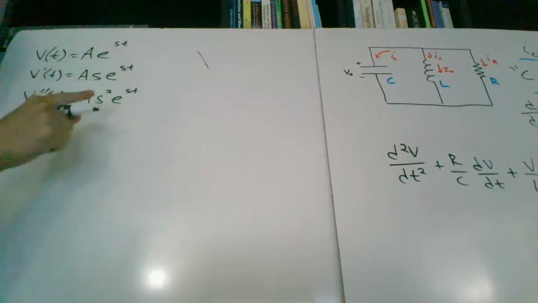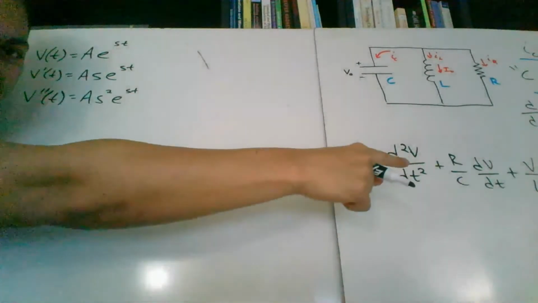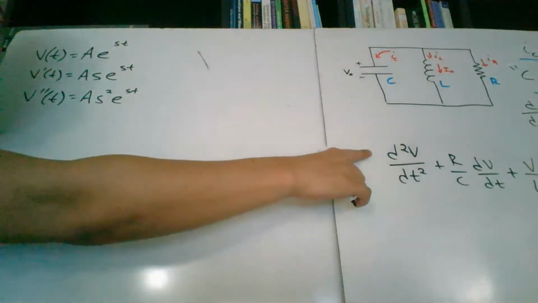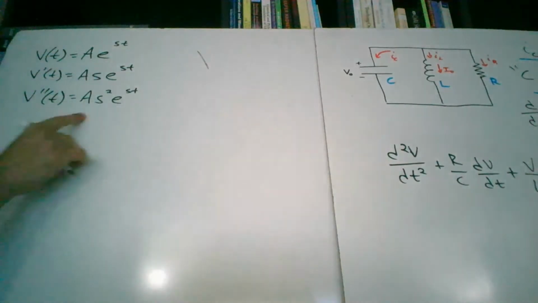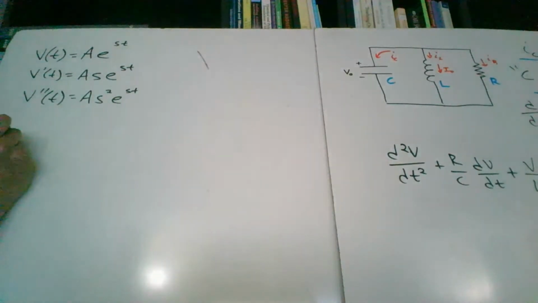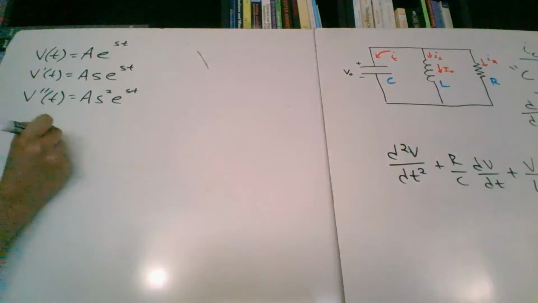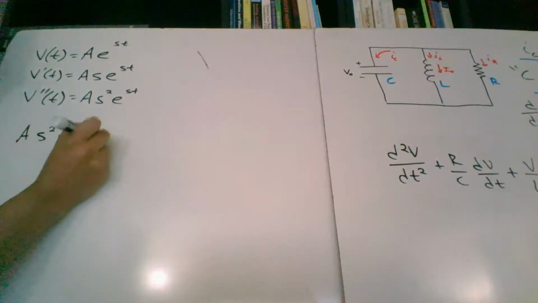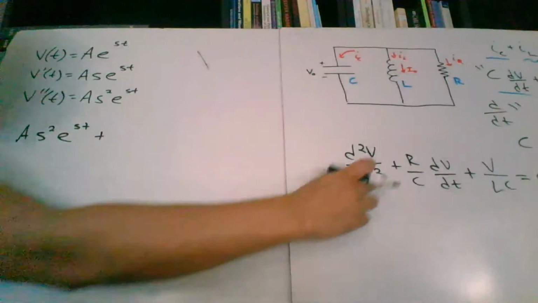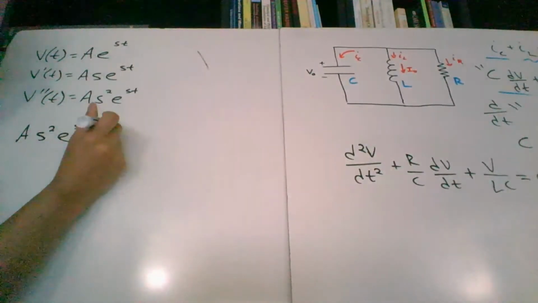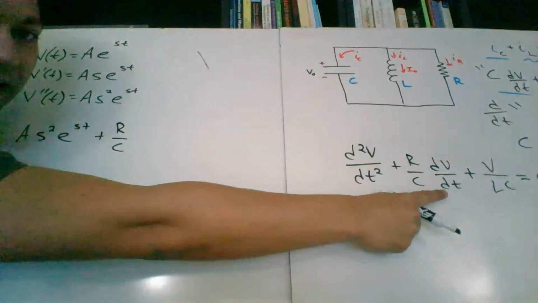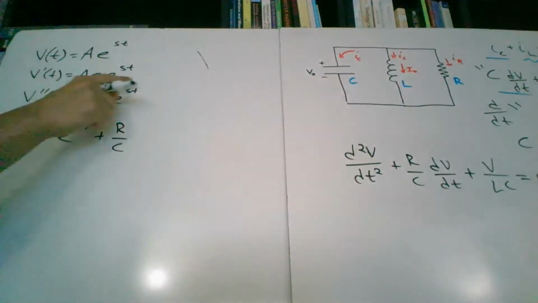And now what I can do with these is plug them back into this equation right here. So the first thing I need to do is plug in for the second derivative. That's this term right here. So we get A s squared e to the power st. Next, we're going to add to it the R over C. So that's R divided by C. And then we have to multiply that by the first derivative. That's this term right here.